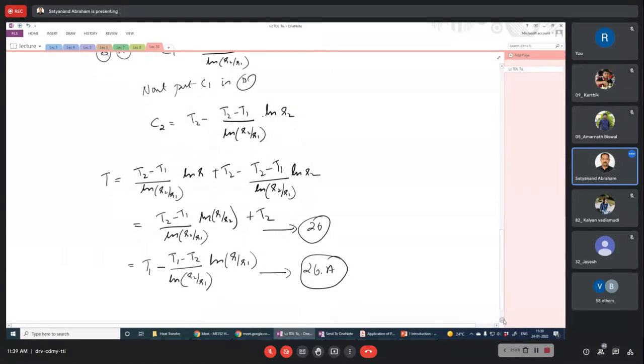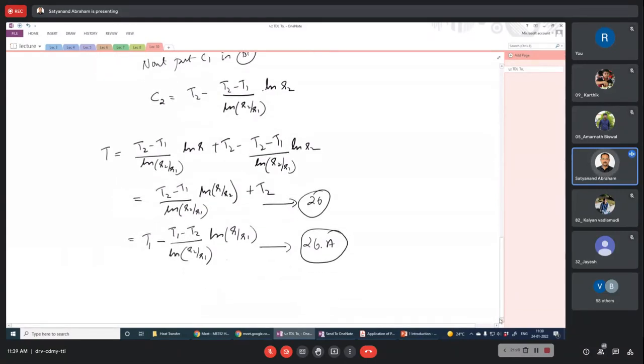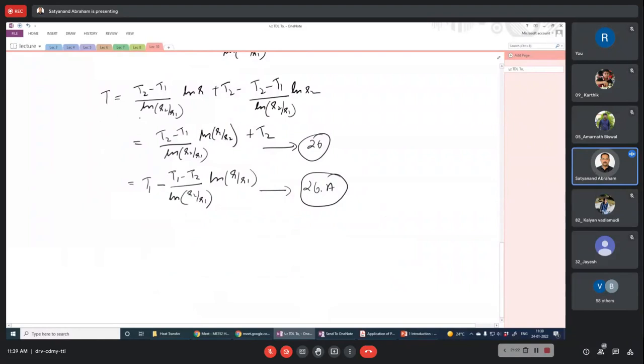These two equations are the temperature variation inside the cylinder. We can say it is logarithmic. For a wall, we said the temperature variation is linear, a linear temperature profile, LTP. But for a cylinder, it is not linear, it is going to be logarithmic.